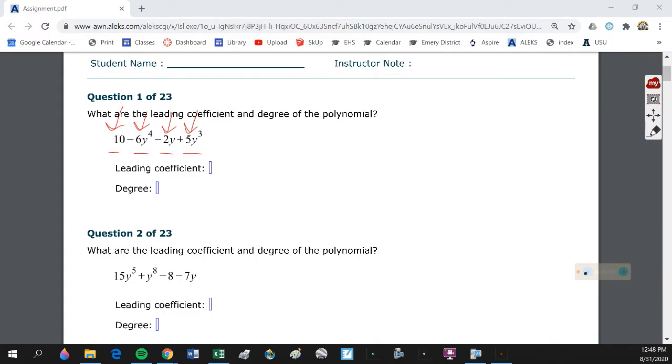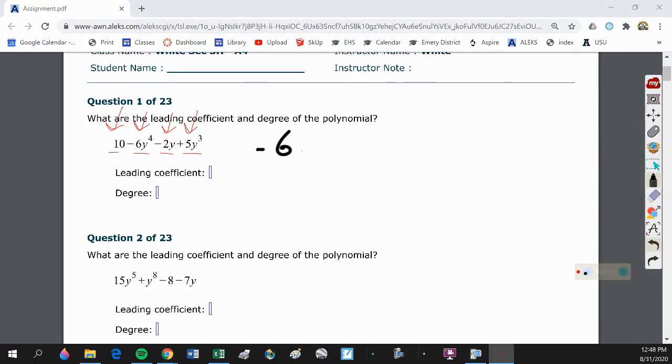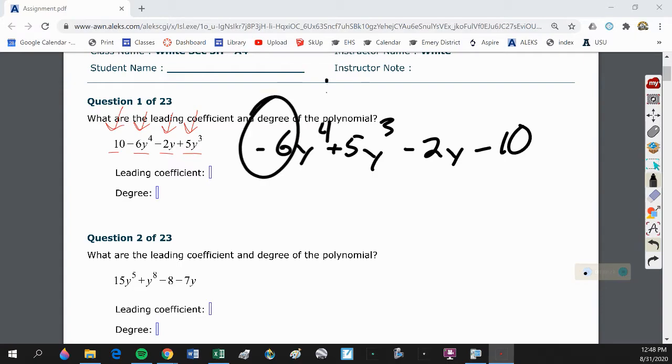So when we have a polynomial, we like to put it in descending order. So if we were to rewrite this, we would say -6y to the fourth plus 5y to the third minus 2y minus 10. And whatever coefficient rests in front of the variable with the largest exponent is referred to as the leading coefficient.